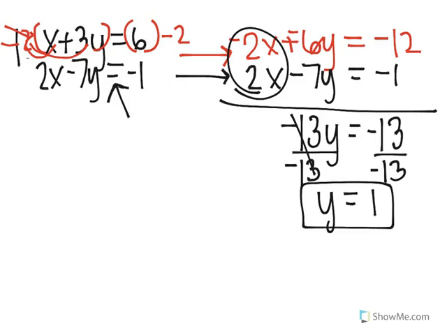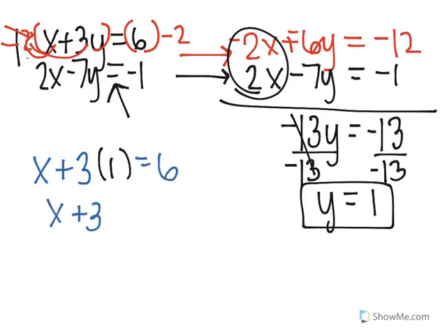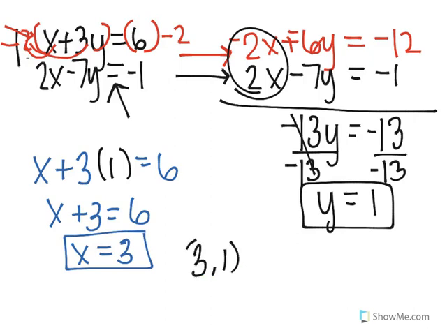And then I'm going to go ahead and do the next one in blue. I'm just going to plug that y back in that I just found. So instead of writing y there, I'm going to write 1. So x plus 3 equals 6. If I subtract 3 on both sides, x gives me 3. So my solution to this system would be (3, 1).